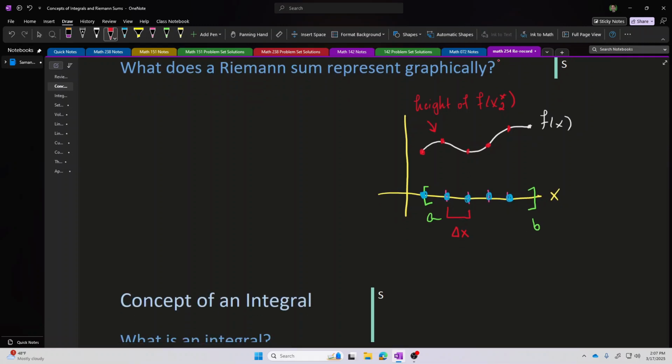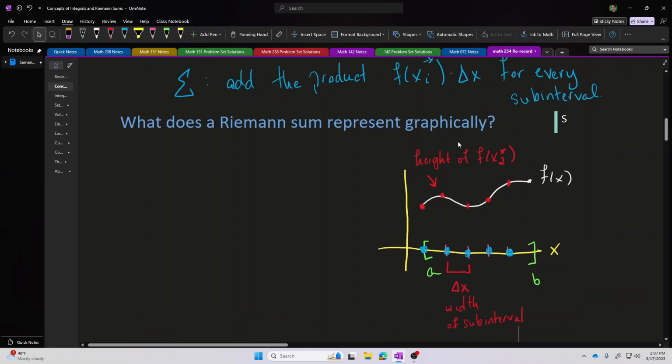So f of x2 star is representing the height of this point, and delta x is representing the width of this particular subinterval. So if I take a product of those two quantities, like I have in my Riemann sum, the product of an output f of xi star with delta x is a product of the form height times width, the height coming from the output of the function, and the width coming from delta x, the width of each subinterval.